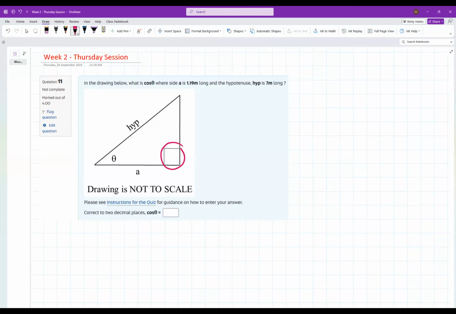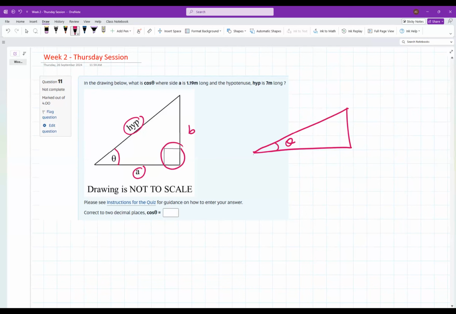The first one is A. The length of this one is A, and the length of this one is the hypotenuse. So we have A, the hypotenuse and B, and the angle between A and the hypotenuse is theta.